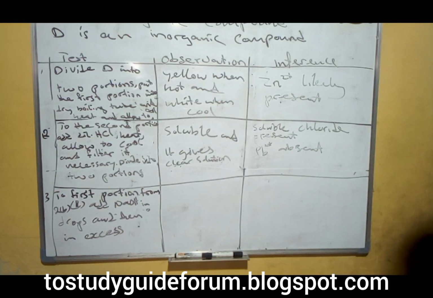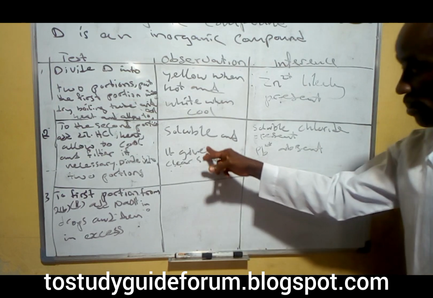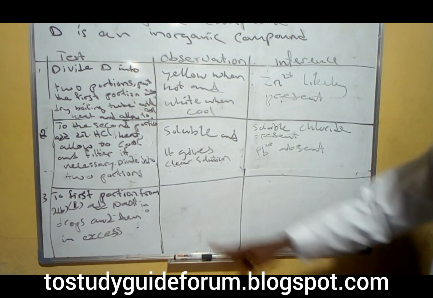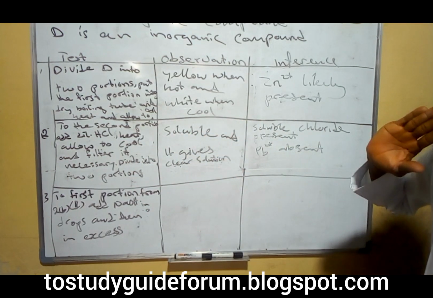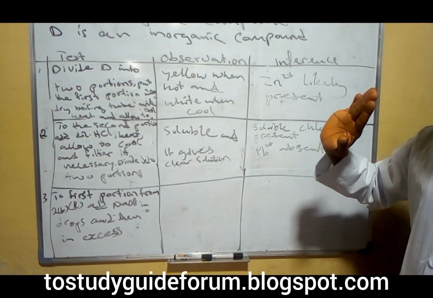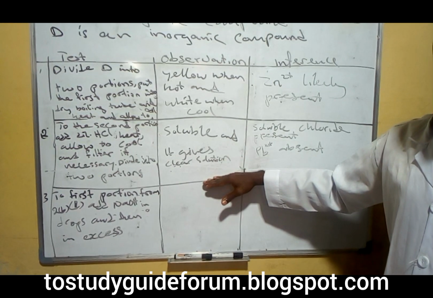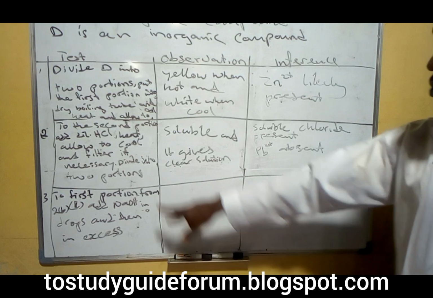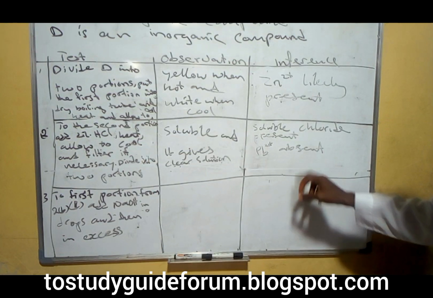That is also what it means, because lead ion tends to form a white precipitate that dissolves when you heat it, and when you allow it to cool, the white precipitate appears again once you add dilute hydrochloric acid to it. So it means that lead is absent.